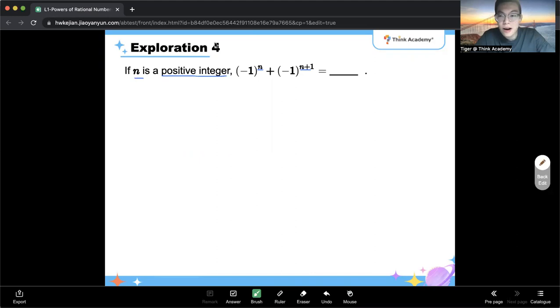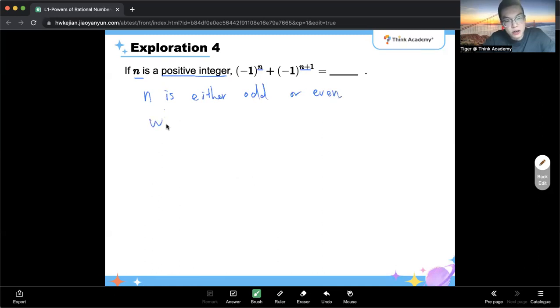So probably I'm going to tell you two different ways to do it. The first way is that we are just going to consider the different possibilities, right? So say n is a positive integer. So it means that n is either odd or even, right?